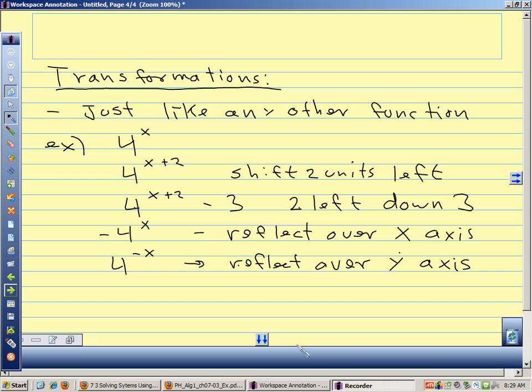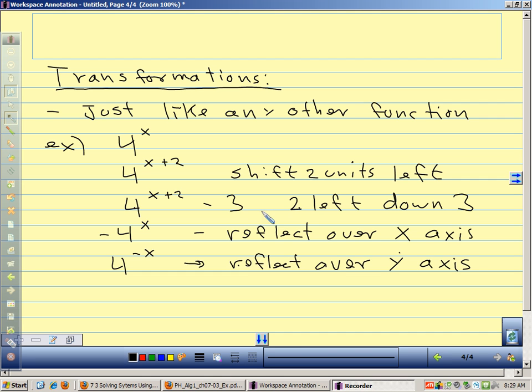So they transform just like any other function. So I'm not going to spend a lot of time on that. You guys are good at transformations already. You understand how the transformations work. They work the same way with exponential functions. Questions before we move on? Okay.